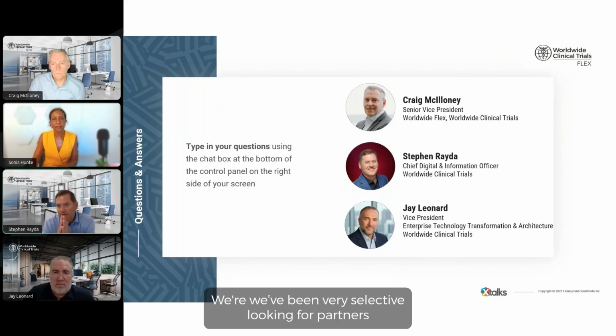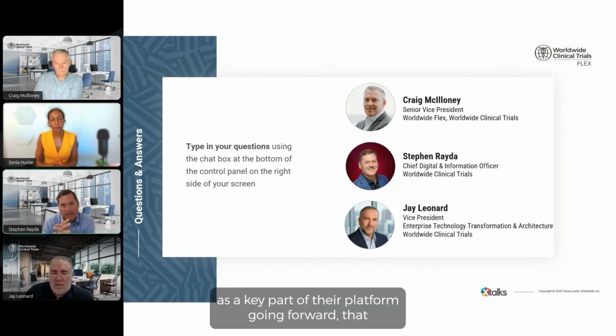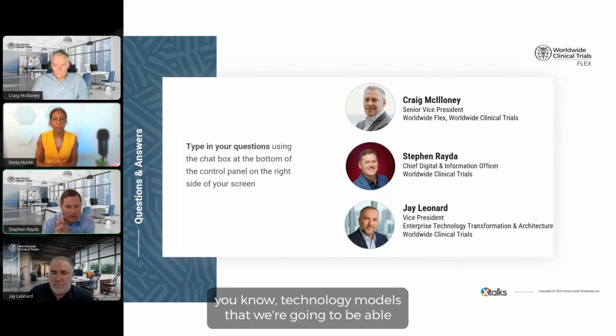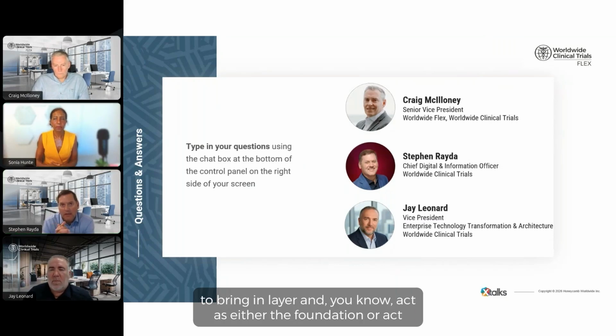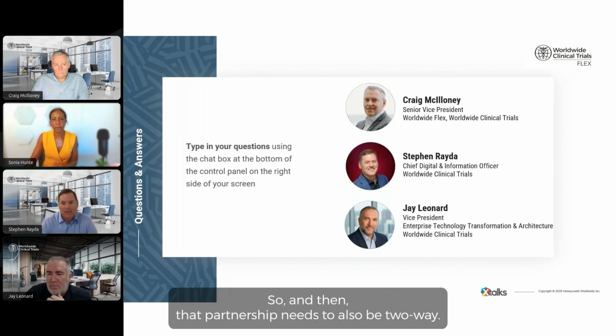We've been very selective, looking for vendor partners that are really looking at AI as a key part of their platform going forward, where they have the right financial models and technology models that we're going to be able to bring in, layer, and act as either the foundation or an appropriate layer on top of that foundation to accelerate the trial speeds.